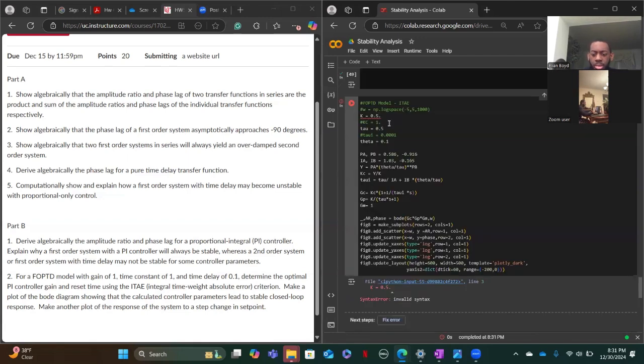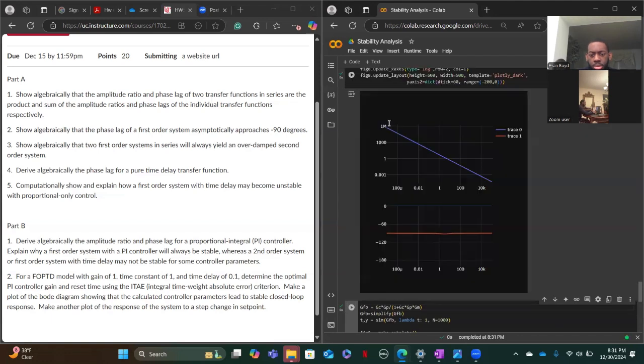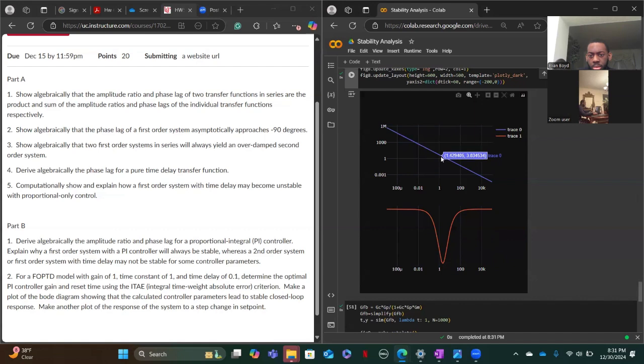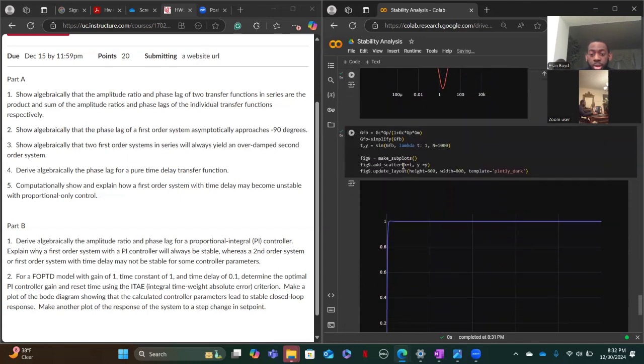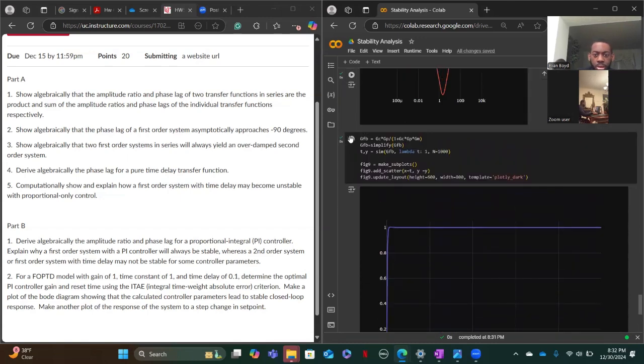Oh, my bad. Auto scale. 1.92. Hmm. Okay. Well, with this though, even if we change this, it got faster. So as you see, this is the most optimal.